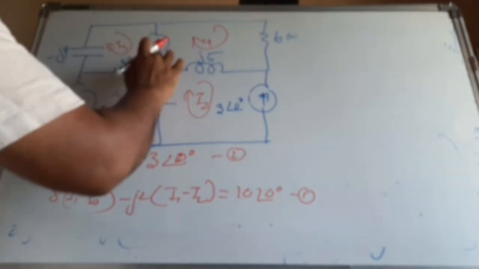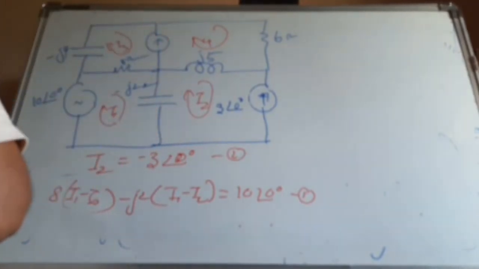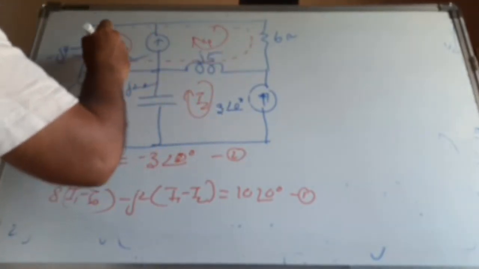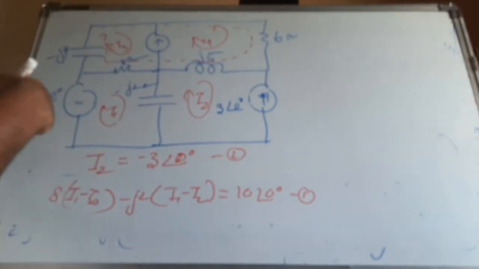There is a current source in between the two loops. How to write it? You have to form a supermesh.